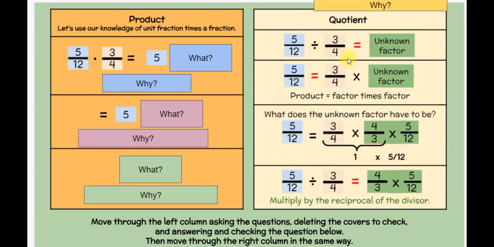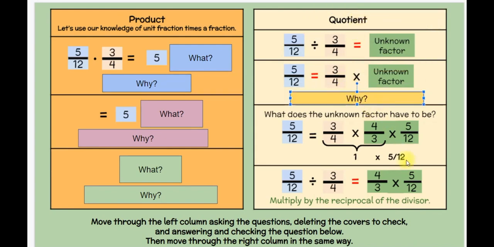So your job now is to help students to see this and just to practice it over and over again and go through each one of those steps. Now, I might even have them do the simplifying process if they still don't understand what's happening here. So essentially, we're saying that this green space is the unknown factor. And we know it's going to be a factor times a factor, which equals a product.